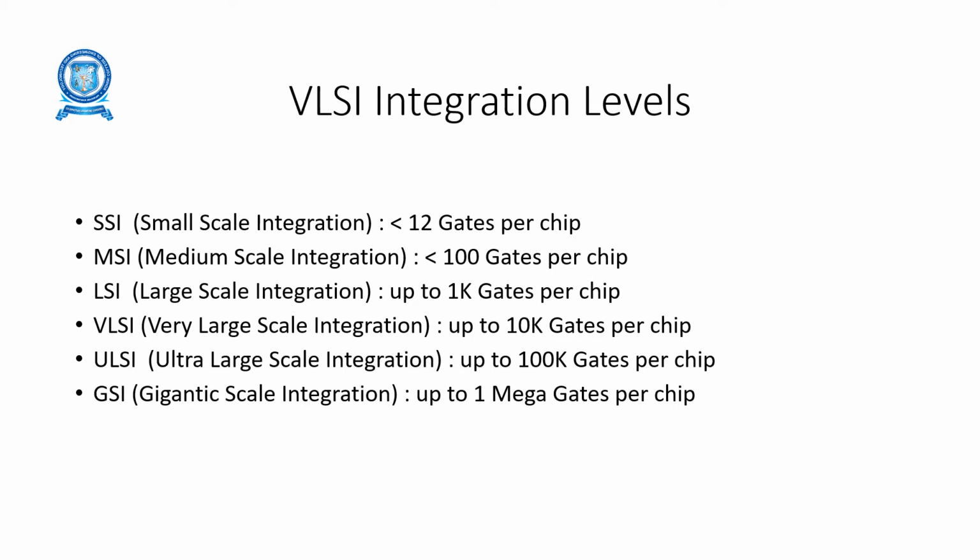Next one, ULSI, ultra large scale integration. In ultra large scale integration, we use up to 100 gates in a single chip. Last one, GSI, gigantic scale integration. In gigantic scale integration, up to 1 mega gates are used in a single chip.